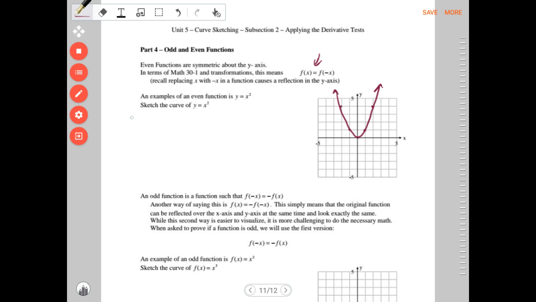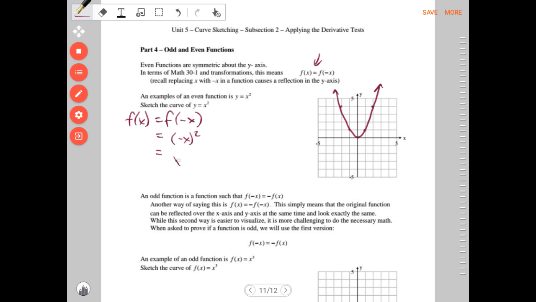Okay, so we need f of x to be f of negative x. Well, if we approach this like trig identities and just mess with one side, we know that the function is x squared. So if we want negative x, we put in negative x squared.